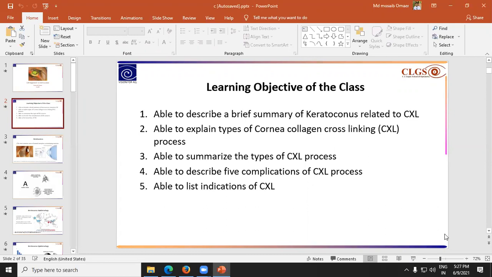If you go to my conclusion slide, there are different protocols. Protocols depend on a few things we decide, like how much the corneal thickness is, second which machine you are using and which technique you are using, whether you are using standard or accelerated with pulse or transepithelial.